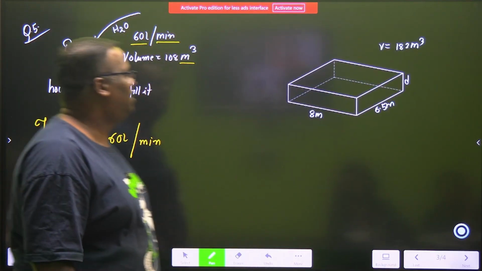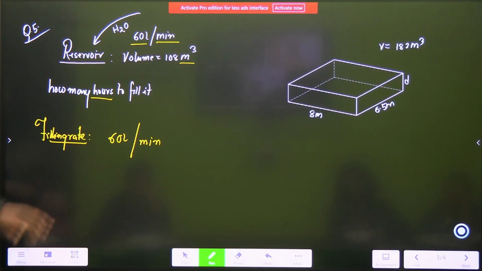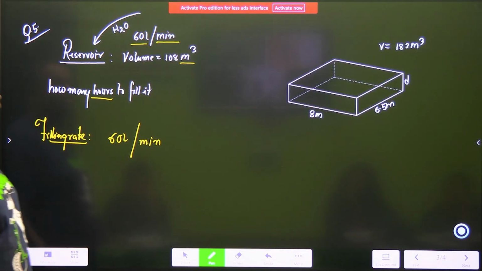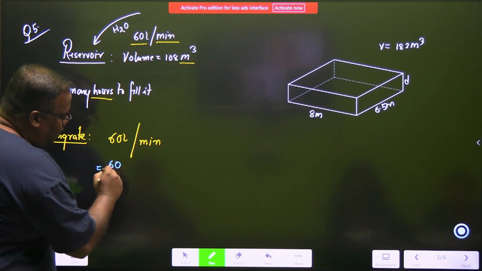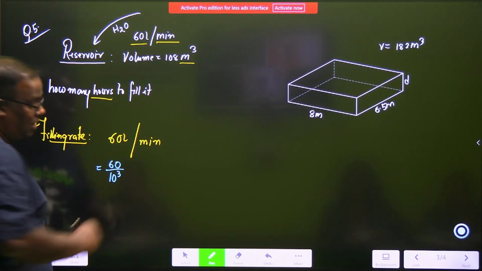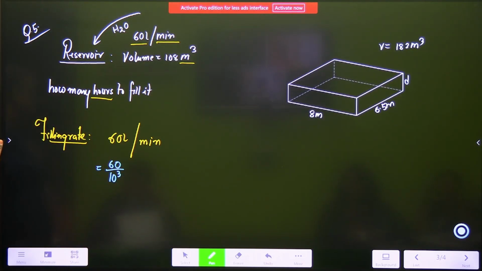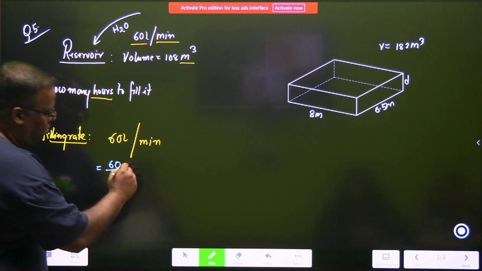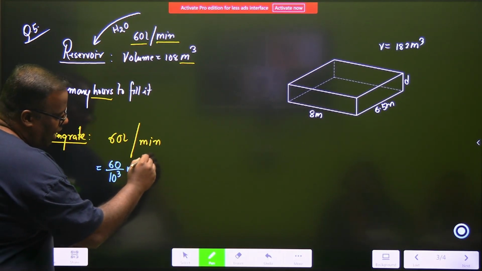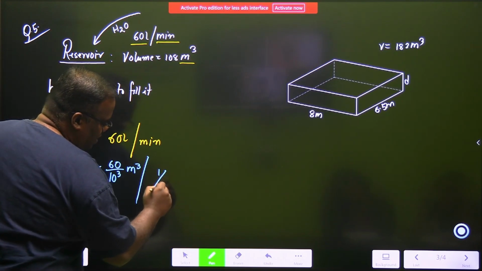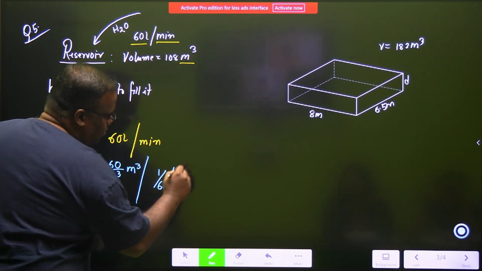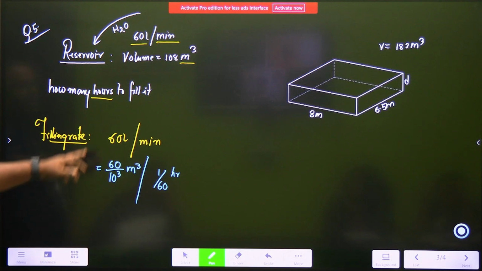So we go back now to this problem. Now 60 liters, we need to convert it into meter cube because the reservoir's volume is in meter cube. So 60 liters will be how much? 60 divided by 10 to the power 3, right? So many meter cube, and 1 minute is how much in hour? 1 by 60, then this becomes hour, because our final answer is in hour.